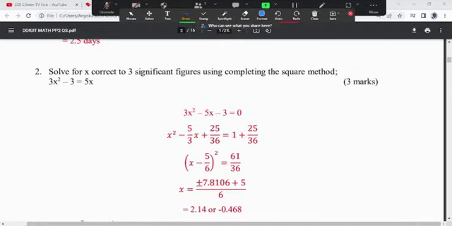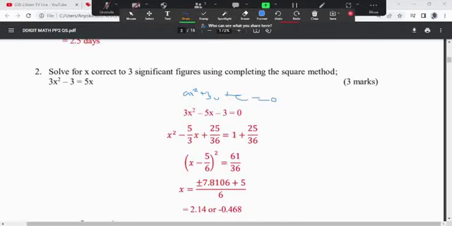So for x, we said the first step in completing the square method, we must arrange the equation to take the form ax squared plus bx plus c is equal to 0.